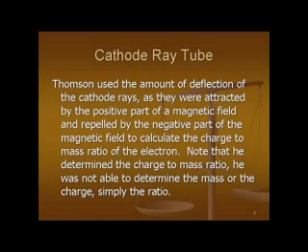And this is one of the things that allowed eventually for the determination of both the charge and the mass of the electron. So Thomson is responsible for finding the charge to mass ratio based on the amount of deflection in the ray as he varied the strength of the magnetic field.